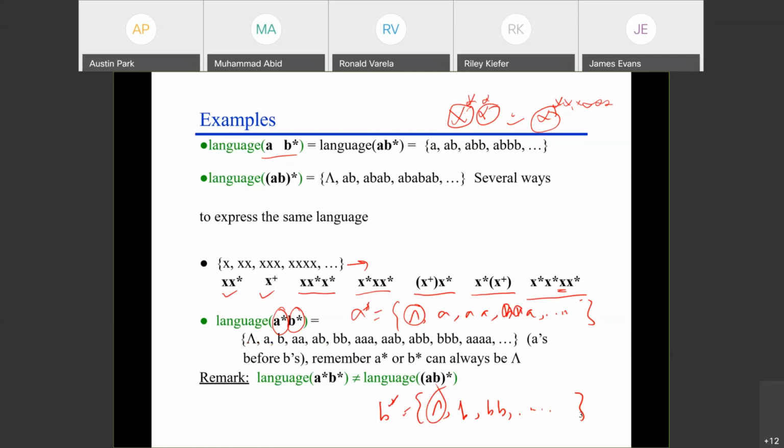Always, A will be in the leading position and B will be in the following position. So you write A's before B's, and remember A star or B star can always be lambda. So this is basically this language, and I already explained that A star B star is not equal to (AB) star.